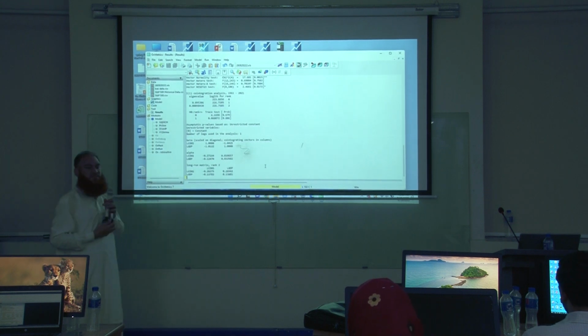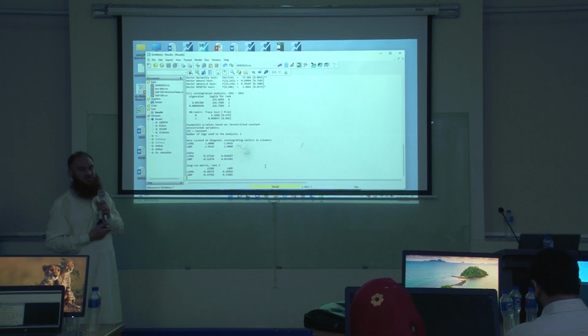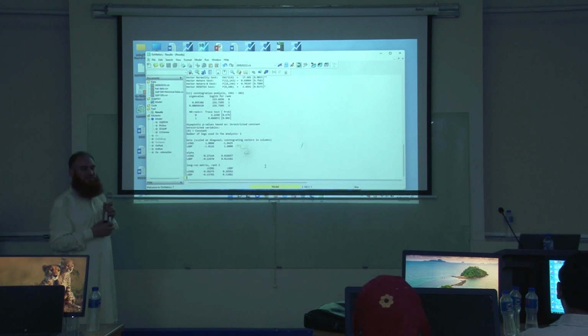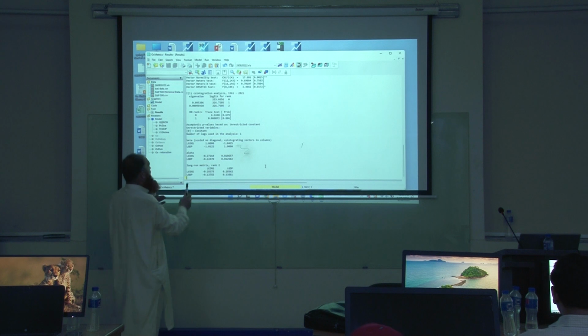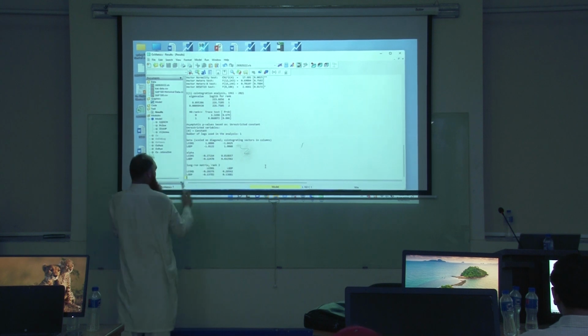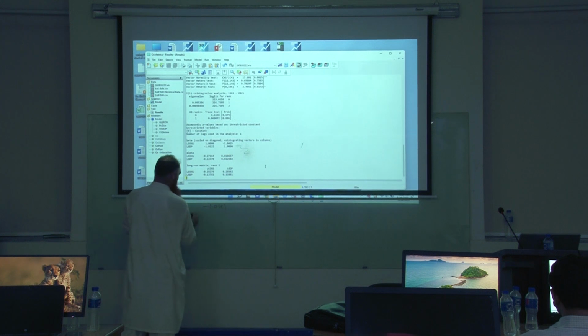This means that it is saying that there is no co-integration. And then there is the analysis, which is also available in EViews. These are the co-integrating vectors, 1 and minus 1.04.